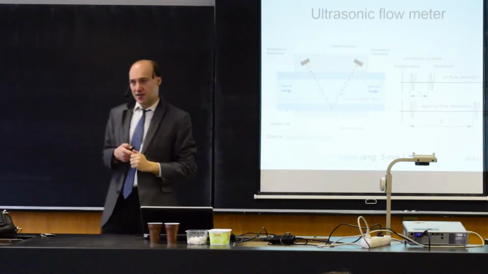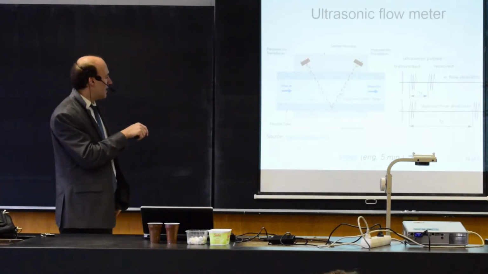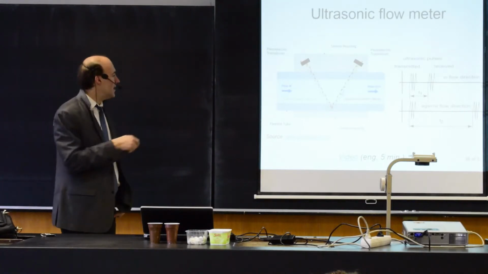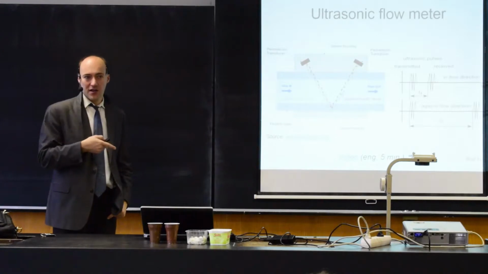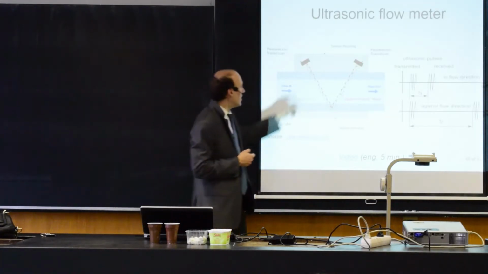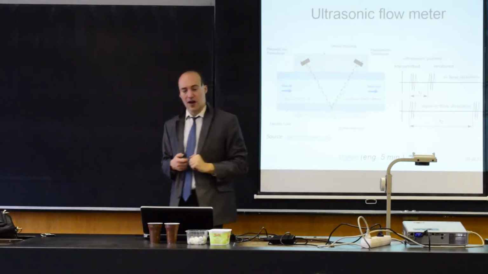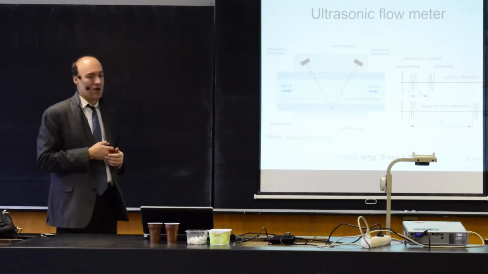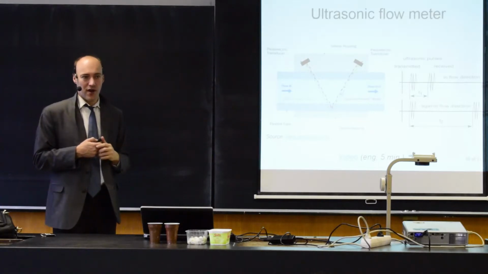If there is a flow from left to right, then from this transmitter to this receiver it will take a shorter time, and against the flow it will take a longer time. So based on the difference between these times, we can find out the speed of the liquid, and we multiply that by the cross-section, and we get the flow rate.